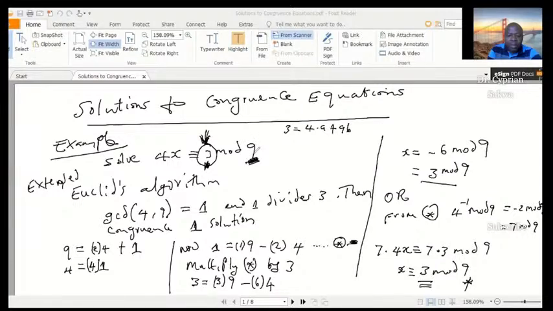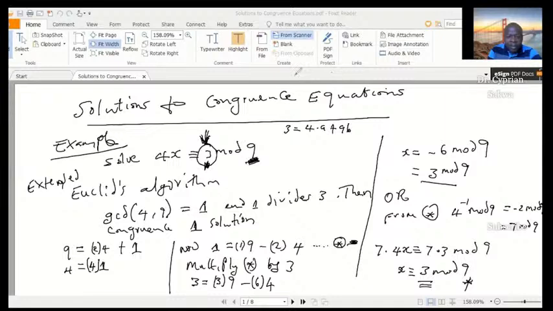The moduli here must be prime, and it must be such that it does not divide this 4. But 9 is not prime, so that means Fermat's Euclid theorem cannot work because 9 is not prime.